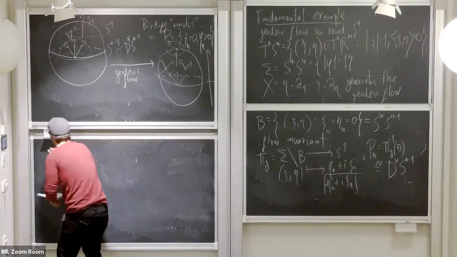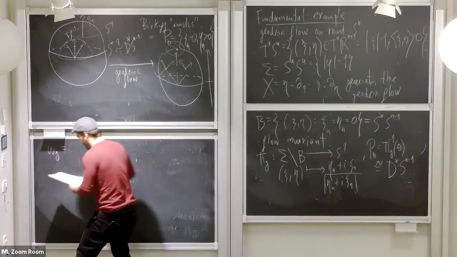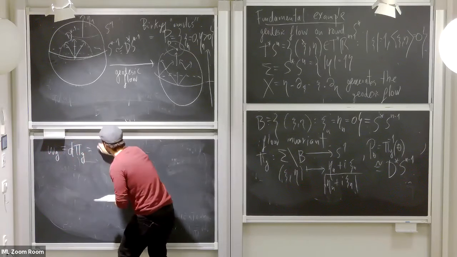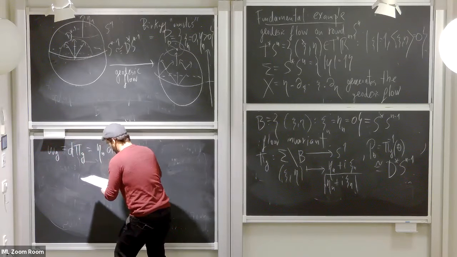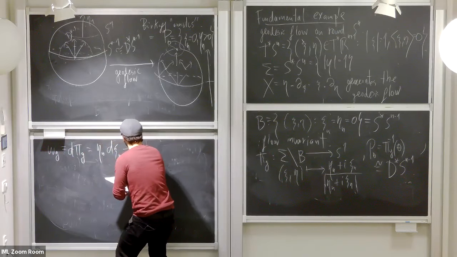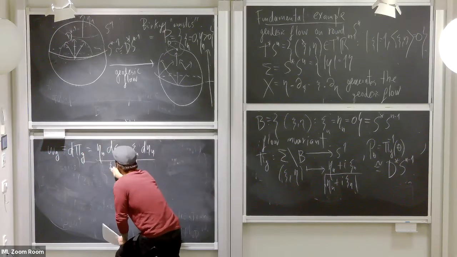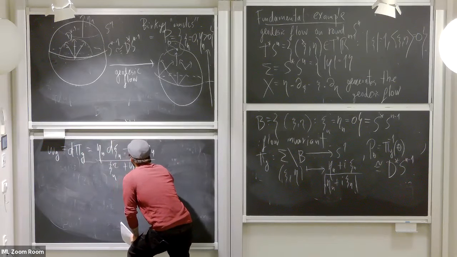So you can look at the angle coordinate, omega_g, which is just the derivative of p_g, which, as a one-form, is just eta_n d psi_n minus psi_n d eta_n divided by psi_n squared plus eta_n squared.